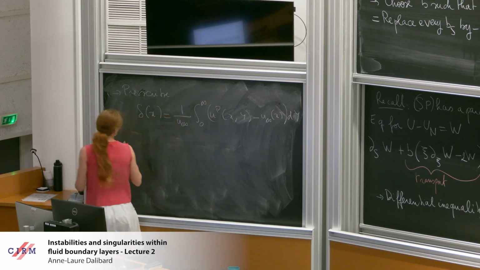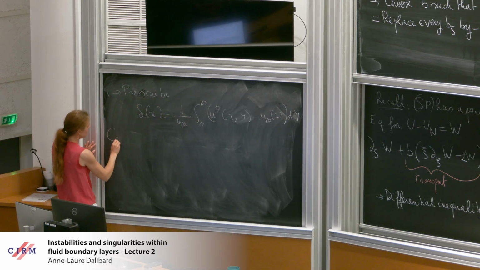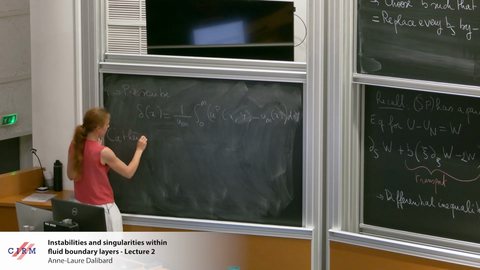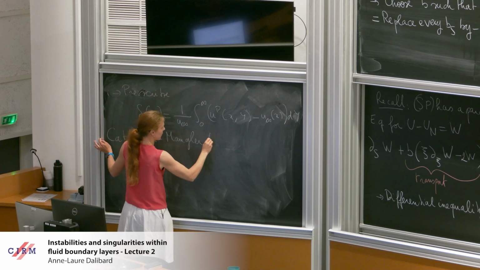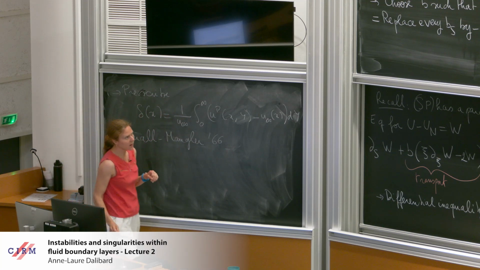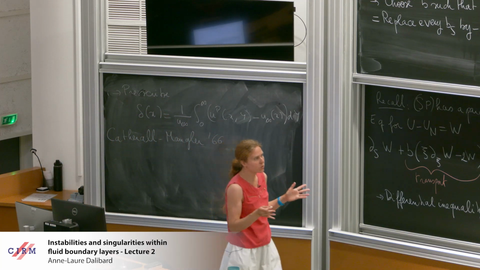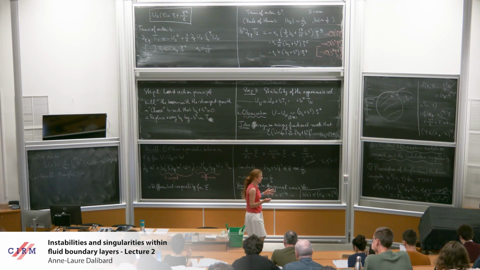This is what is called the displacement thickness. Again, this model was studied numerically by Catherall and Mangler in the 60s, and I think numerically they obtained nice results where they are able to remove the Goldstein singularity and actually go past it.